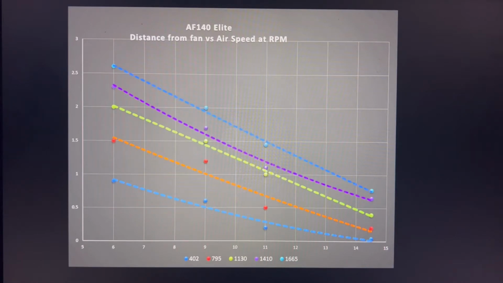And 14.5 represents a case a lot like the Fractal Design Torrent.